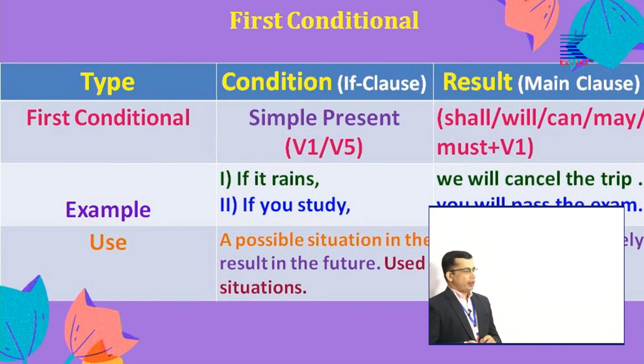First conditional, you can have a look on your TV screen. In the if clause, simple present tense is used, verb 1 or verb 5. In the main clause, shall, will, can, may, must and infinitive, verb 1.